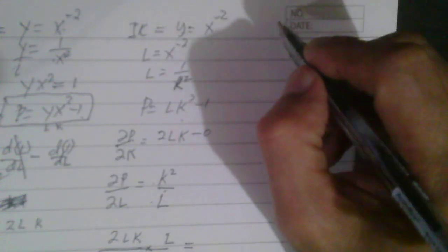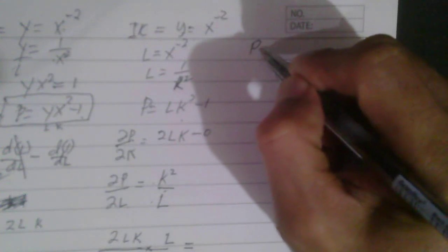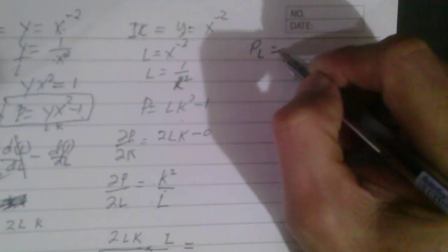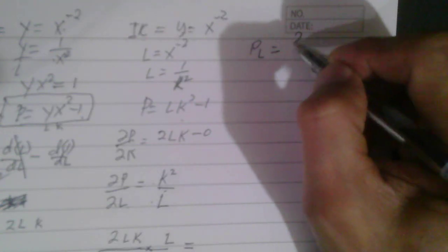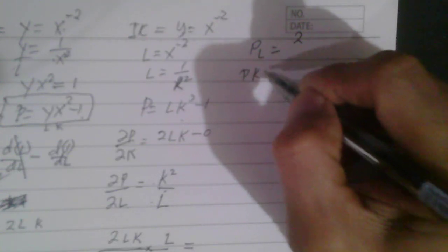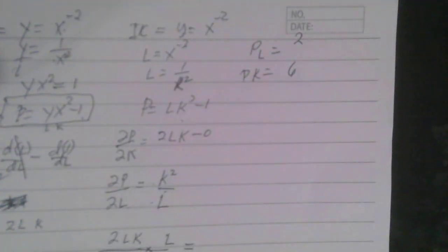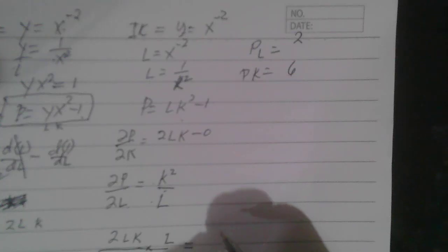Multiply them by their prices. The prices are normally given: the price of labor is 2 and the price of capital is 6. Capital is expensive. So it becomes 2L square K.